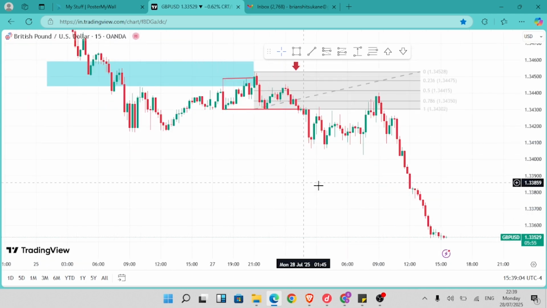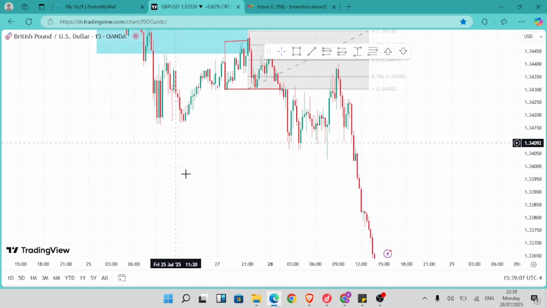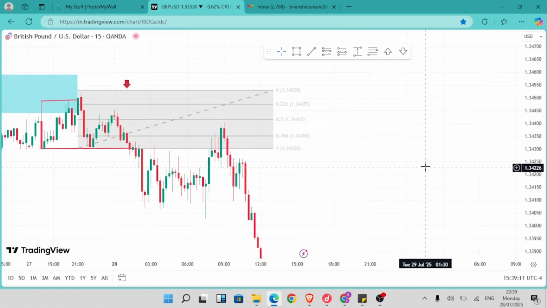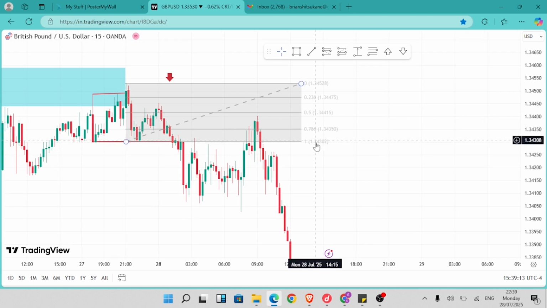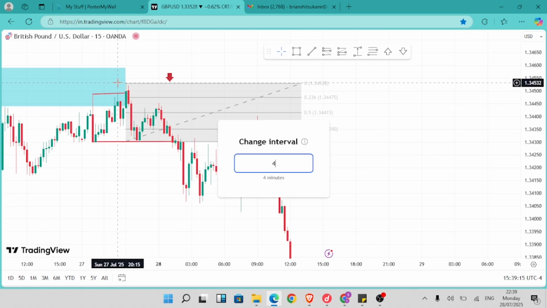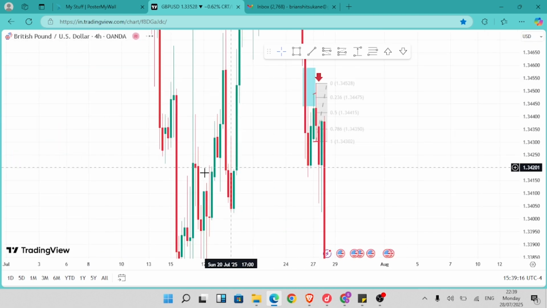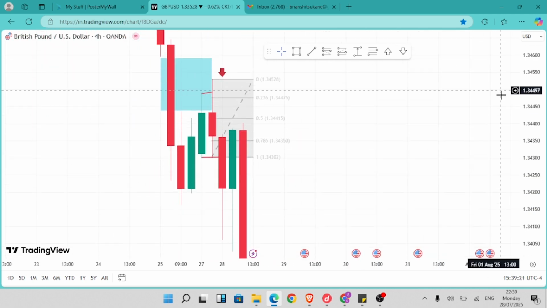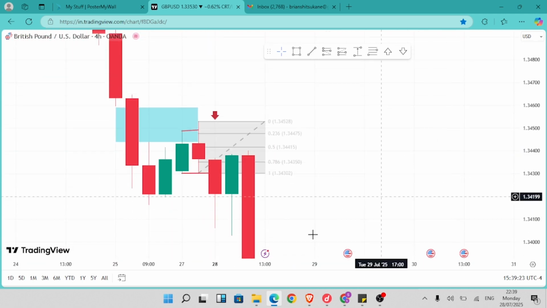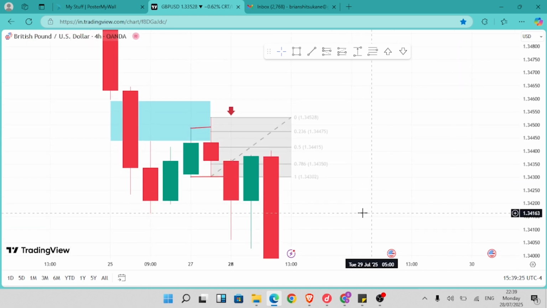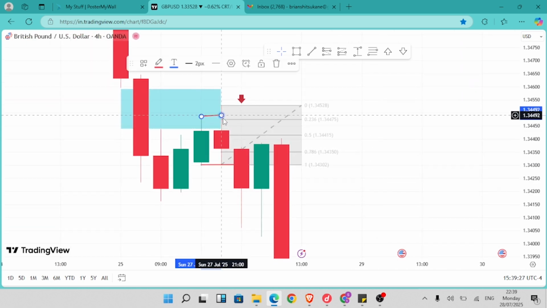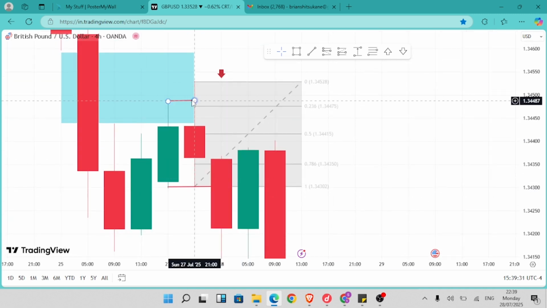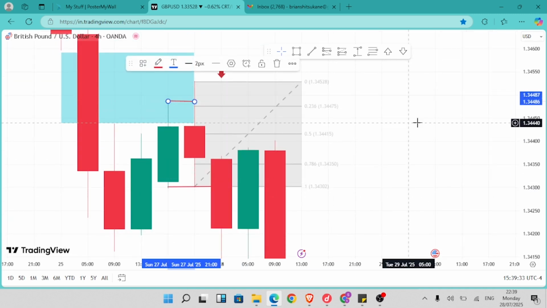Going to the next, this is GBPUSD. Let's go to the 4-hour time frame. This was a good setup, though it didn't really give us an opportunity to enter. A good setup that would have given an A+ setup.